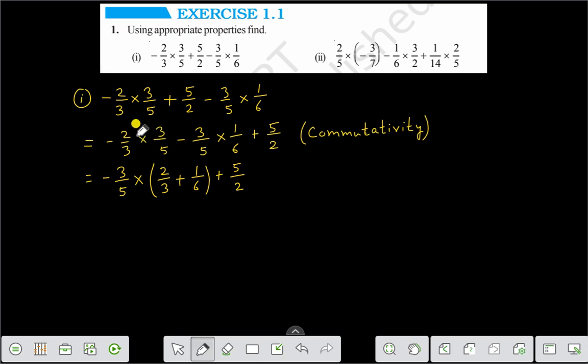Here we have taken minus 3 by 5 as common, and this is the rule of distributivity.